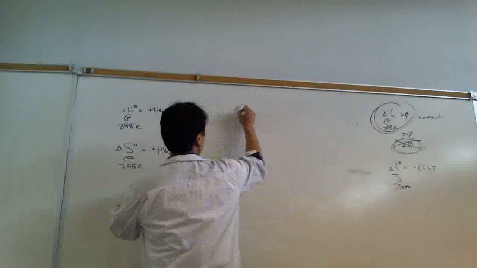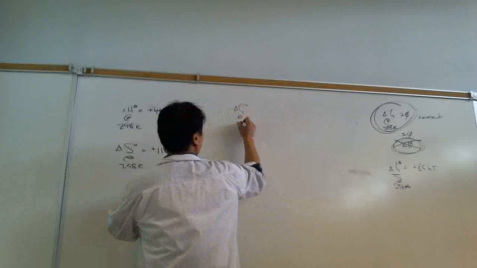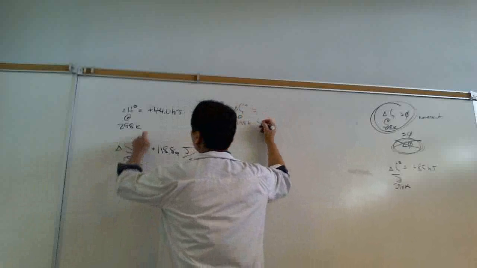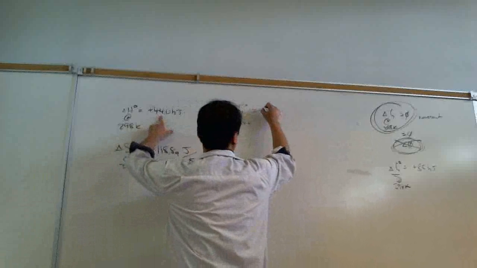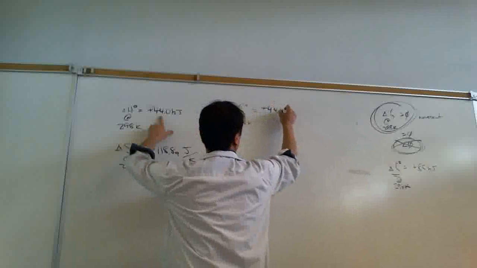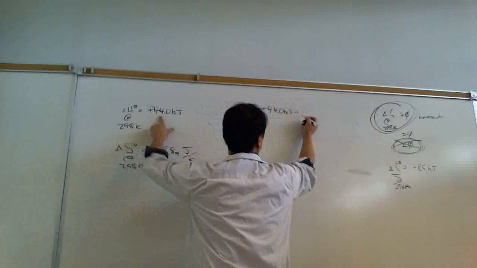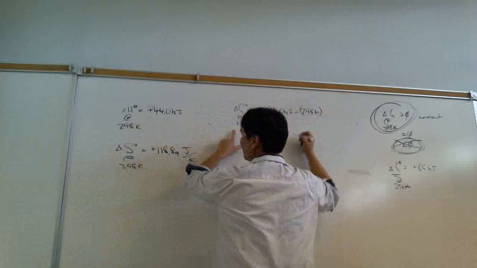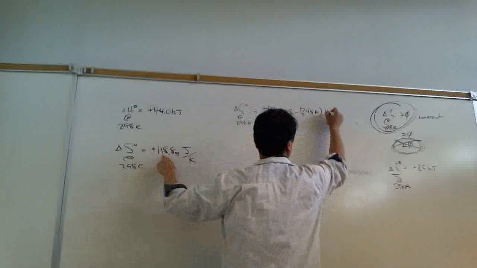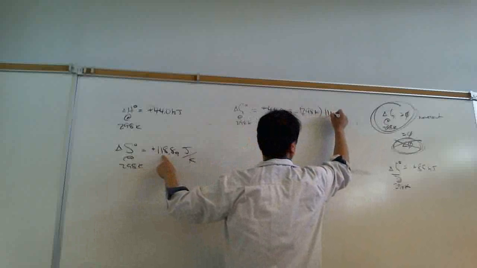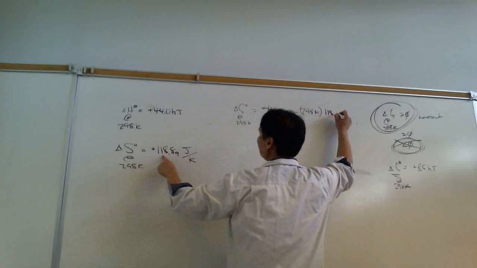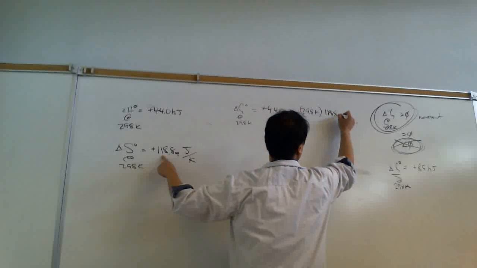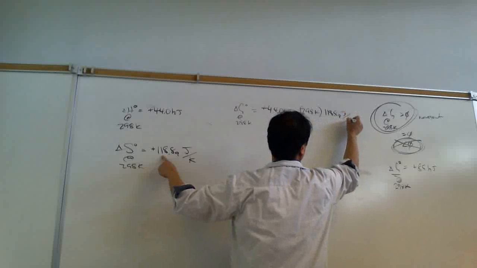So delta G under standard conditions at 298 Kelvin will equal a delta H, which is plus 44.0 kilojoules, minus T. T is going to be at 298 Kelvin, times delta S, which is going to be 118.89 joules per Kelvin.